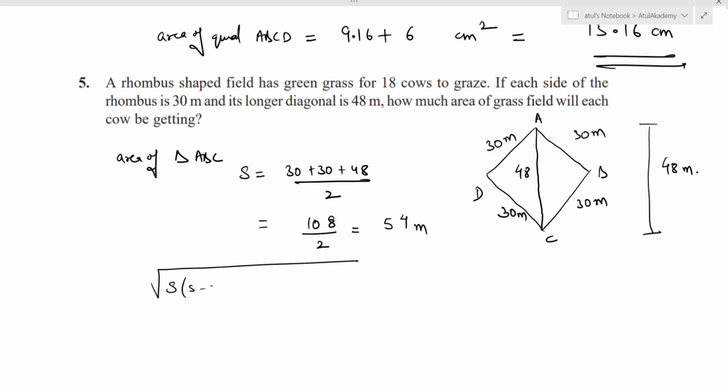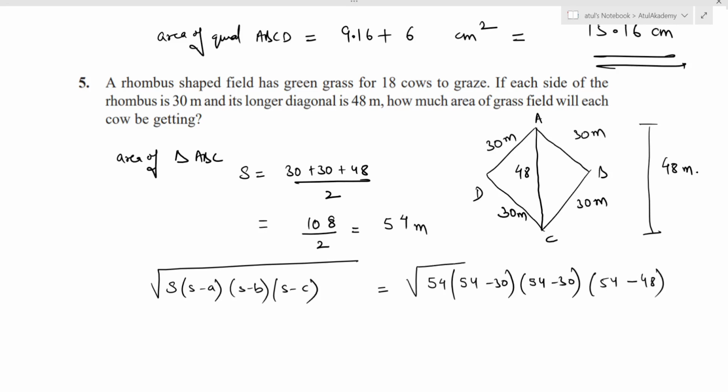So we have S minus a, S minus b, S minus c. S is 54, so 54 minus 30, again minus 30, and 54 minus 48. Let's write 54 as it is. This will be 24, 24, and 54 minus 48 is 6.